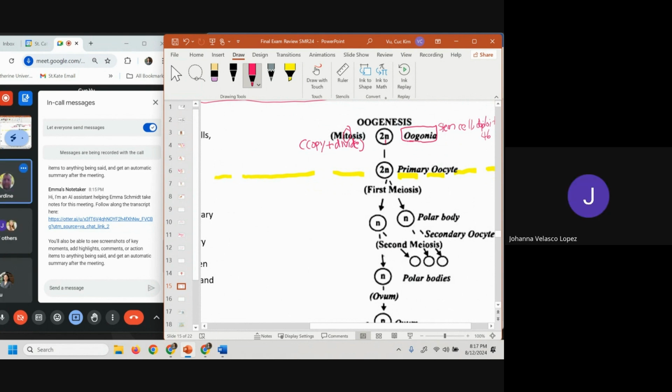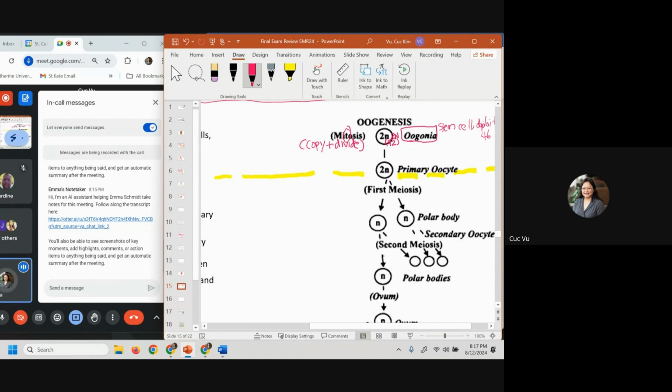Copy first. So two 2Ns. That's a way of saying it. Yep. So 4N total. So two 2Ns, or you can say 4N, or a total of 92. Thank you. 92 chromosomes total. Okay. So there's just going to be an exact copy.